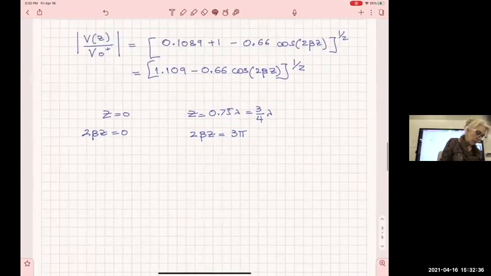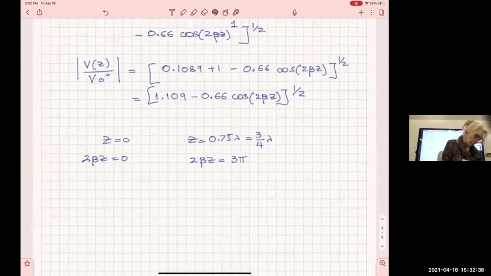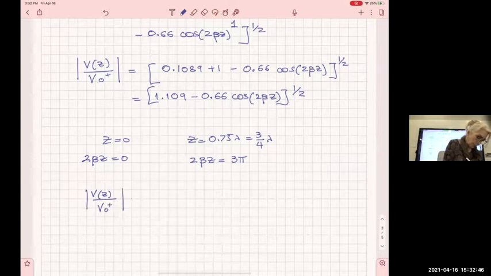And so from here, we have that V of z over V naught plus, normalized, has a maximum value of what?